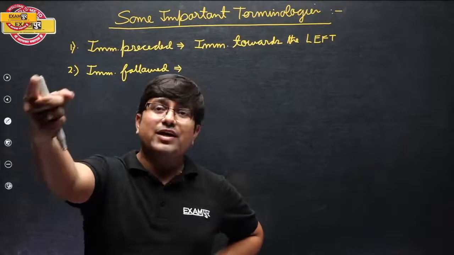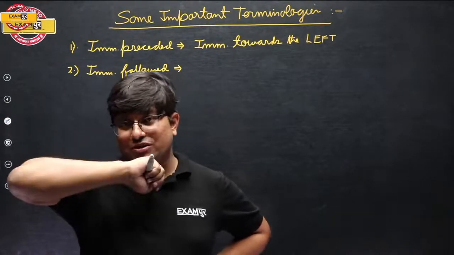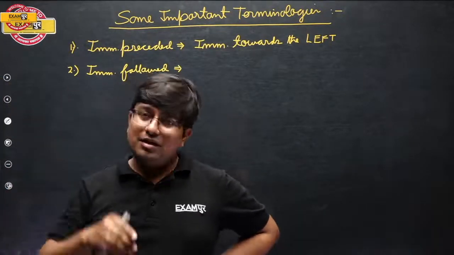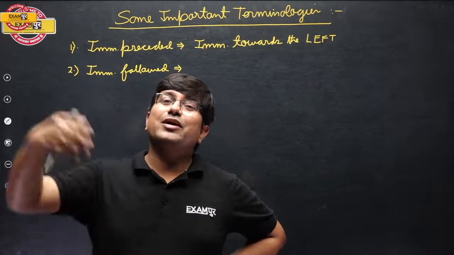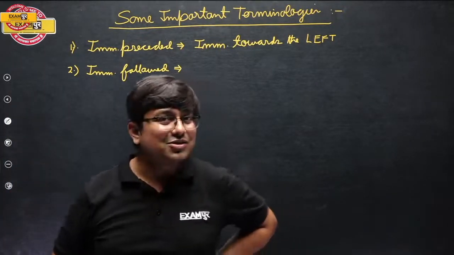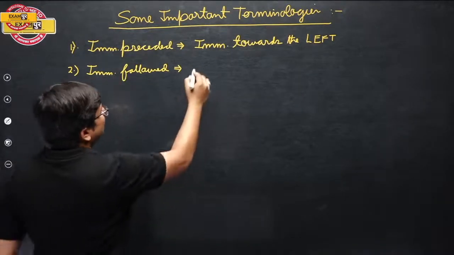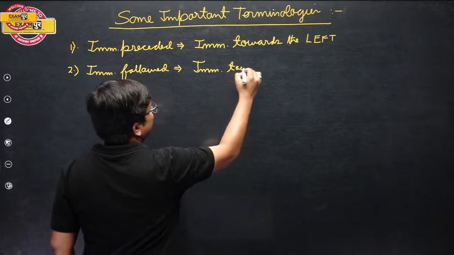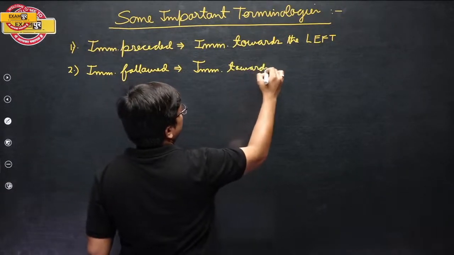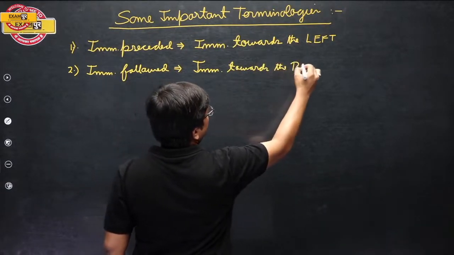Tuesday is immediately followed by Wednesday. The month of July, immediately followed by August. The year 2022, immediately followed by 2023, and so on. So immediately followed means immediately towards the right, because we write from the left towards the right.